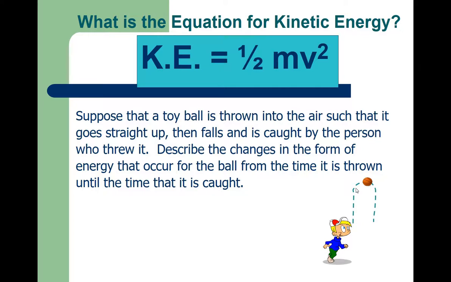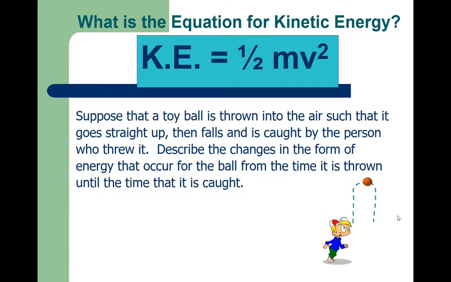So as it goes up right here, what would this force be? What would we call this as it's going up? Kinetic energy. Right when it reaches the top, before it comes back down, what do we have? We've got potential energy. Right at the top is potential energy because it stops for a minute before it comes back down.